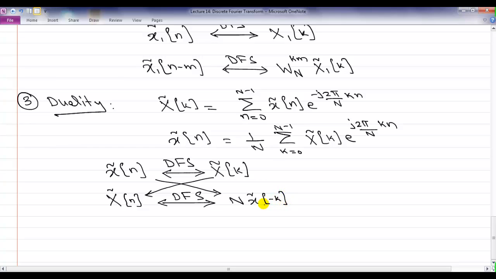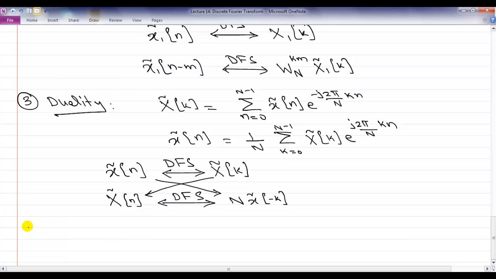Okay. It's the usual duality property that you have been seeing in the discrete time Fourier transform and the continuous time Fourier transform. It's the same thing. There's a factor of n because of the fact that we are defining our discrete Fourier series with this factor of 1 over n. Okay.